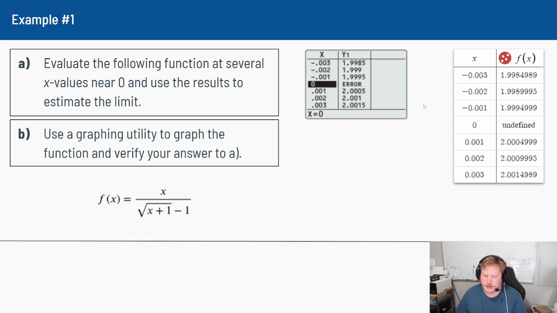Now I've left some instructions in the bottom of the slide deck if you need help creating these tables. The left table is created with a TI calculator and the right table is created with Desmos.